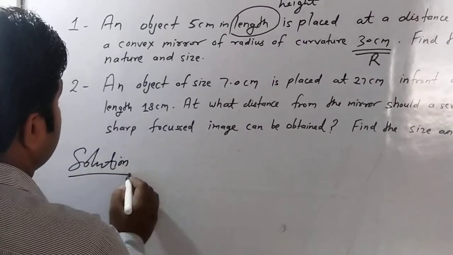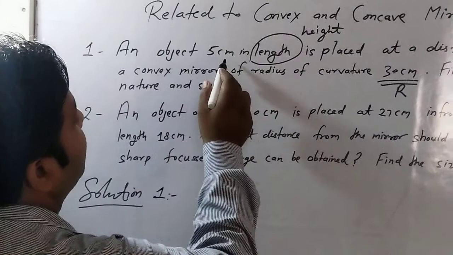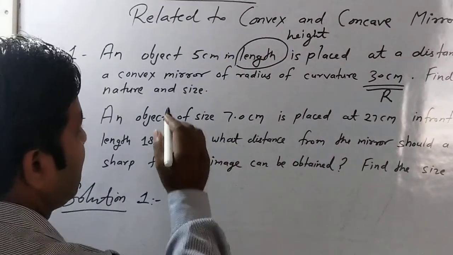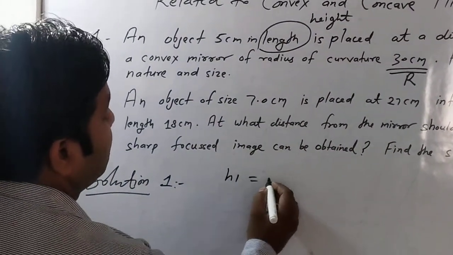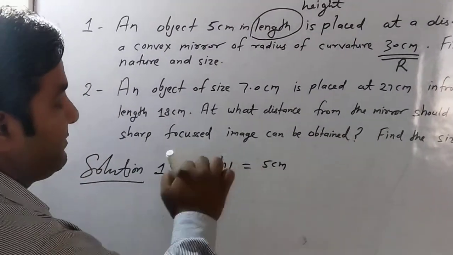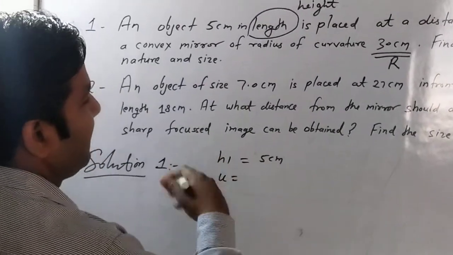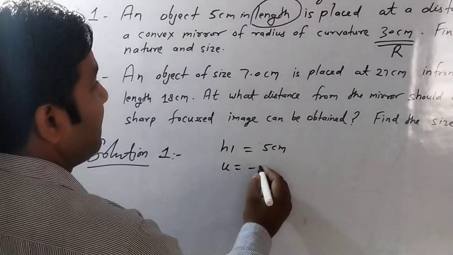Solution: let's see, a very easy numerical. Object 5 cm in length or height, so object height h1 is equal to 5 cm. Object is above the principal axis, that's why it is taken positive. And u is always negative, in case of convex mirror or concave mirror, no matter, always negative.